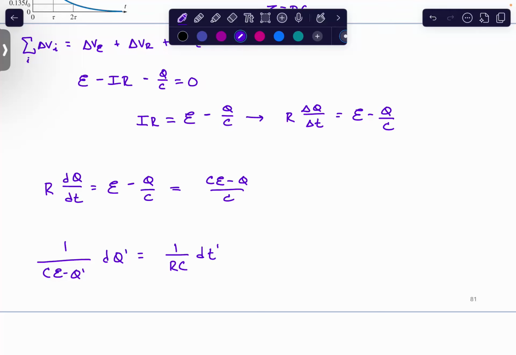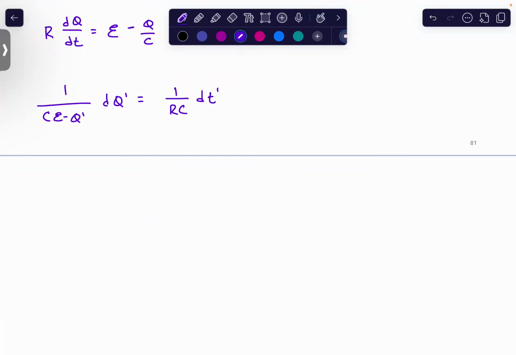And that's the equation that I'm going to integrate, from 0 to Q. Let's go ahead and pull the 1 over RC out front.